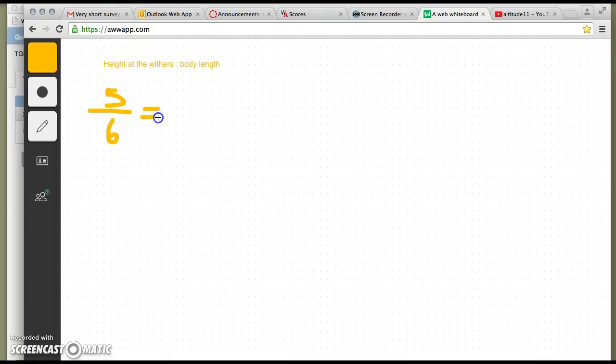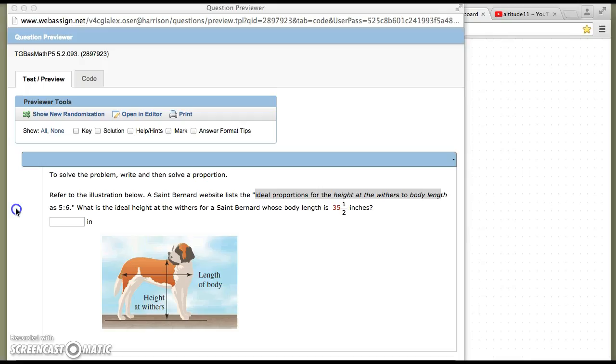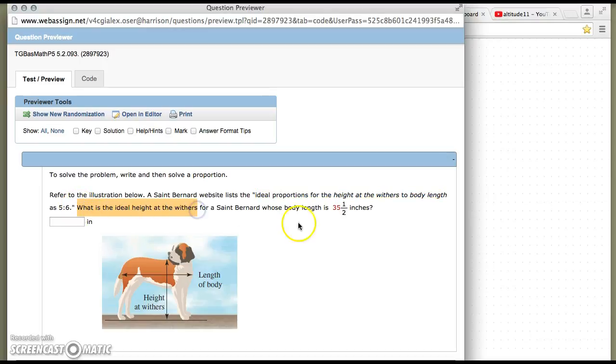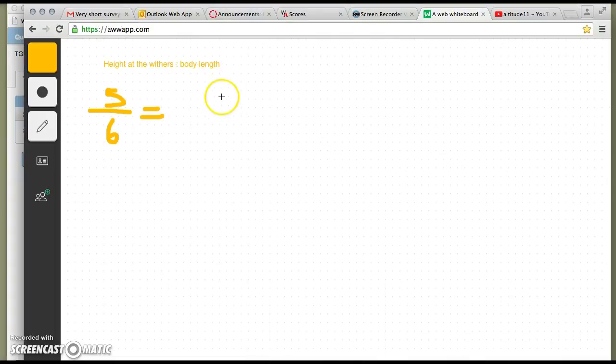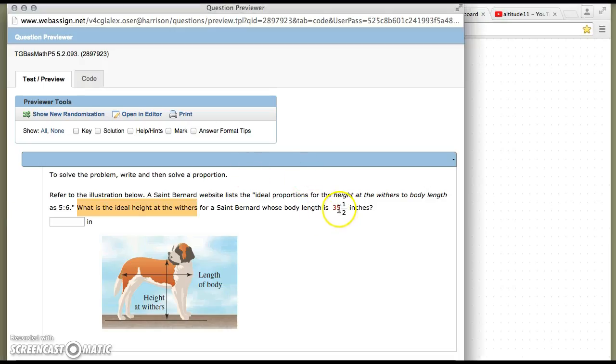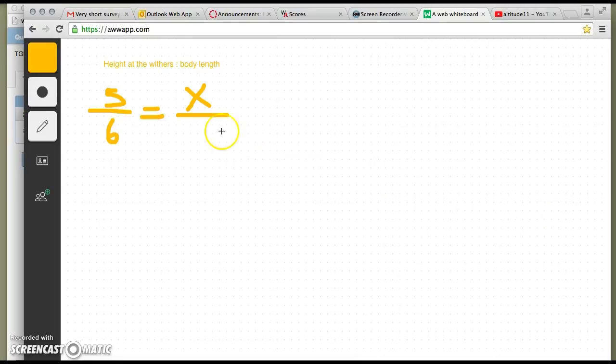So we can set up a proportion then to help us figure out the answer to our question, which is, what is the ideal height at the withers? What is this ideal height at the withers? We do not know. We're going to solve for it. If the body length is 35 and 1/2 inches.